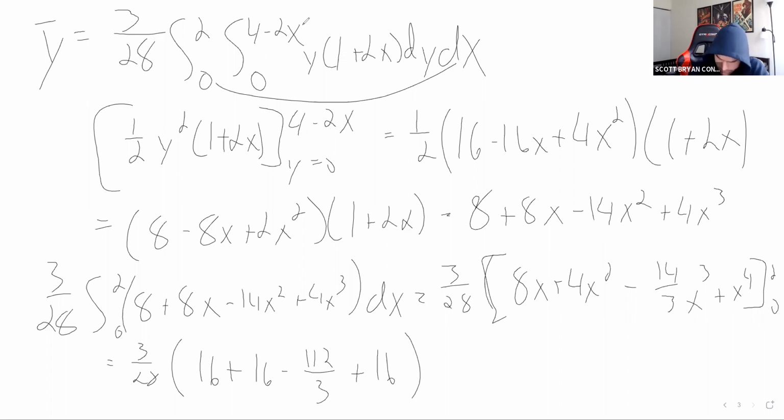And so we get 48. So 48 is 144 over 3. So 144 minus 112 is 32. And so we get 8 over 7.